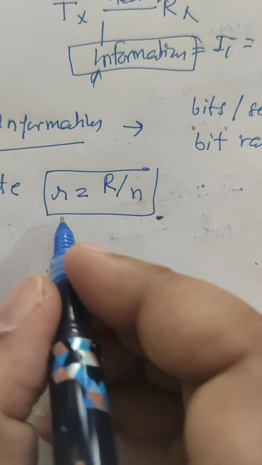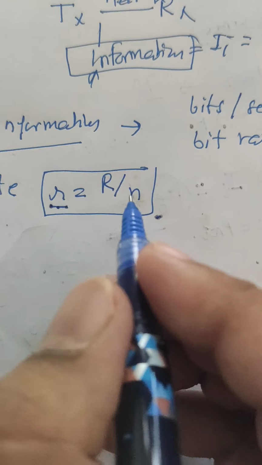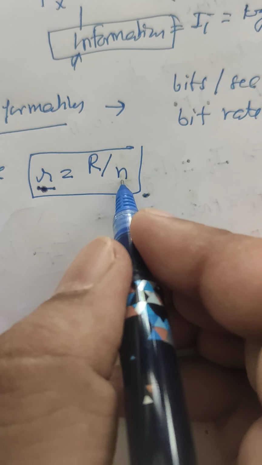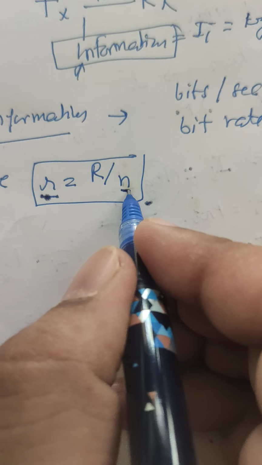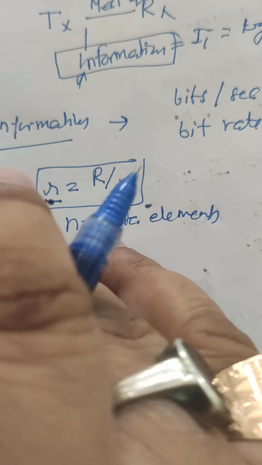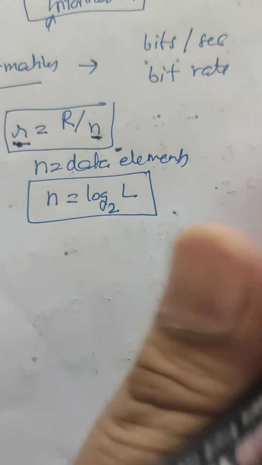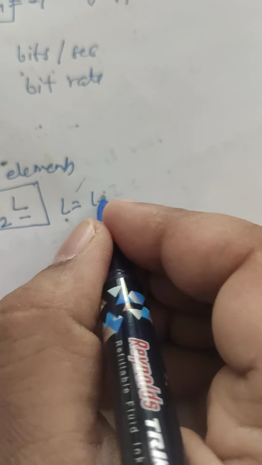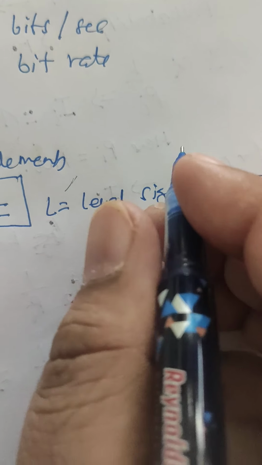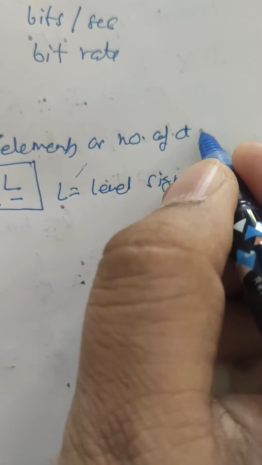Baud rate is given by small r upon capital R upon n. Here R is the baud rate, and n is the number of data elements, further given by n is equal to log base 2 L. It is binary, and L is the number of signal element levels. So n is the data element, or we can say number of data.